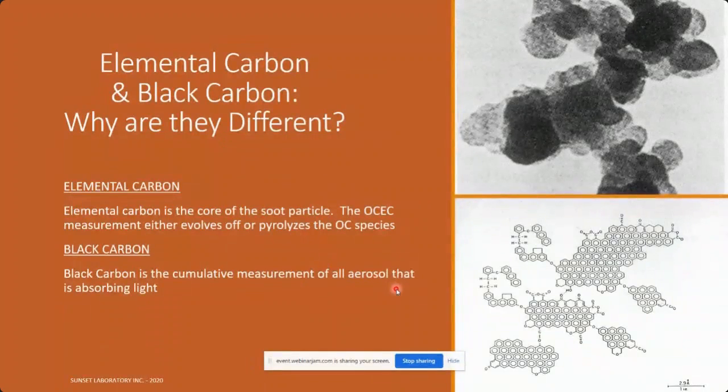Sunset has been doing some research into what the better way is to quantify organic light absorbing species. So those that might be interested in that, please feel free to follow up with me. This isn't a brown carbon talk, but we will be providing ways for users to measure black carbon in the future through the same laser spectrometry process that we've done in the past.